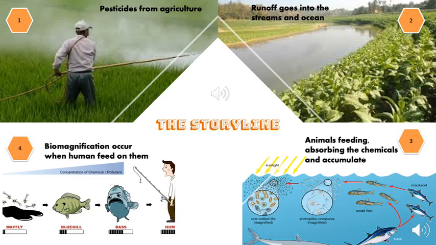And fish will eat the plankton, and the continuous feeding on this toxic substance will increase the concentration stored in the organism's tissue, and feeding on this fish will be detrimental to our health. So this is what the bioaccumulation and biomagnification process is about.